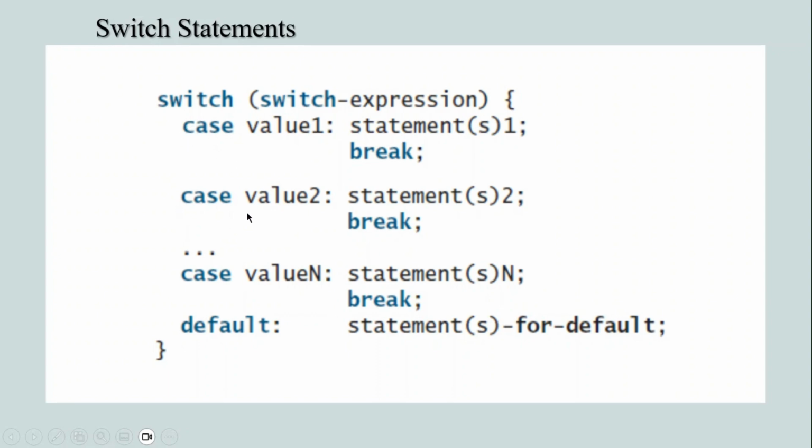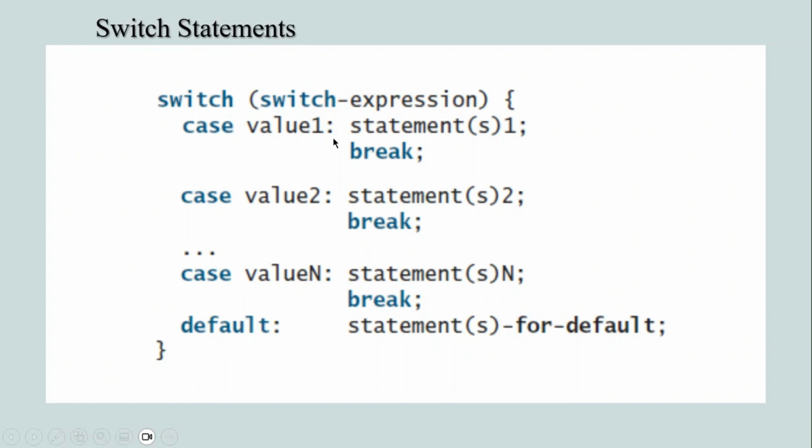I have different cases here. For example, case 1: if the radius is 1, then print that this is a very small circle, and then break. And then case 2, case 3, and so on, and then the default.